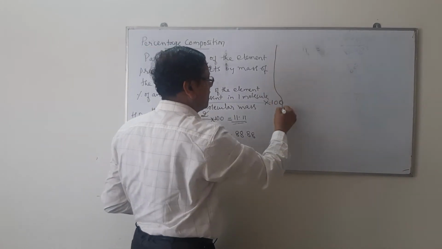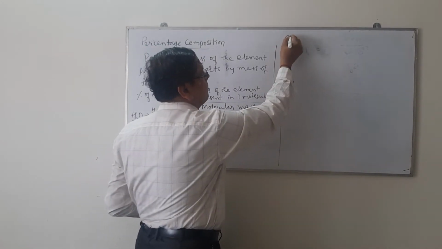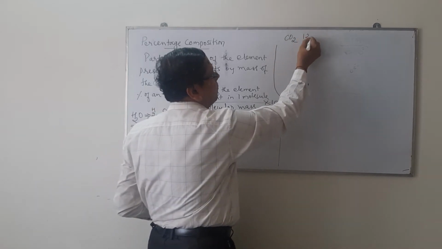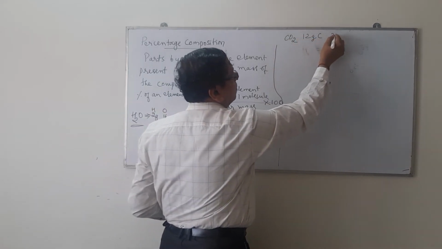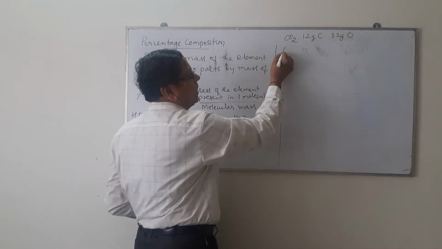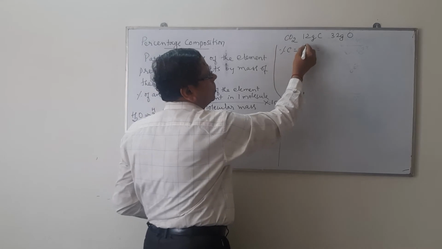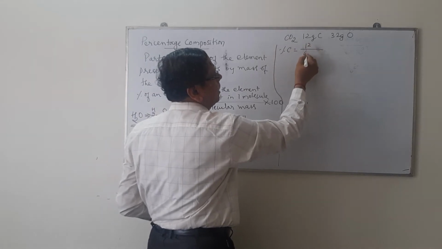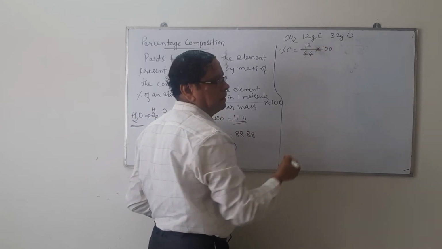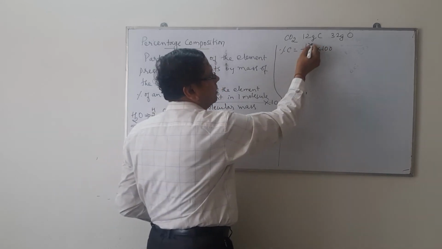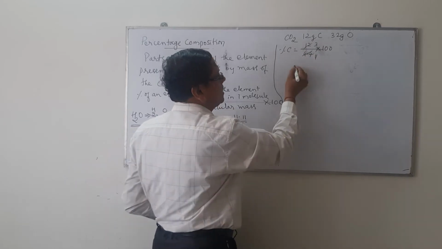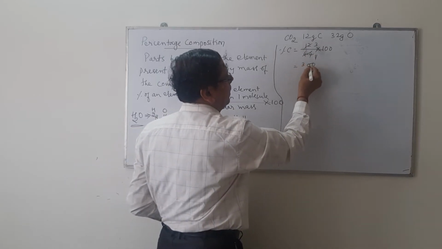Let me take the other example. Suppose I have carbon dioxide. This contains 12 grams of carbon and 32 grams of oxygen. Therefore, the percentage of carbon is 12 divided by the molecular mass 44, multiplied by 100. If you simplify, this is 3 over 11, so 300 divided by 11.